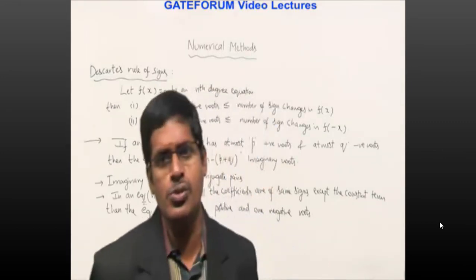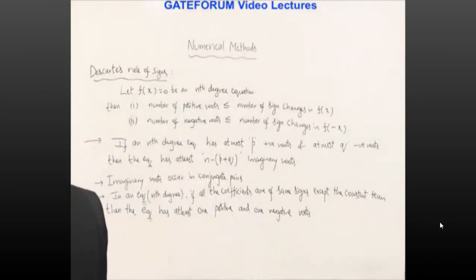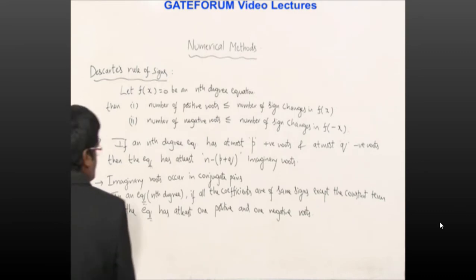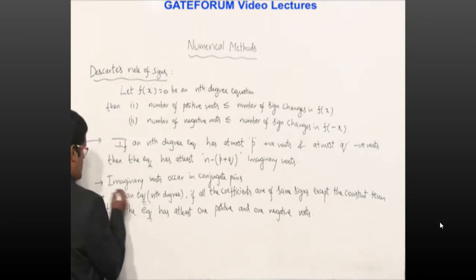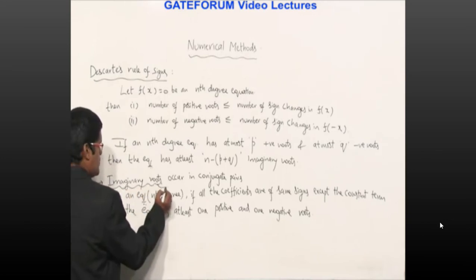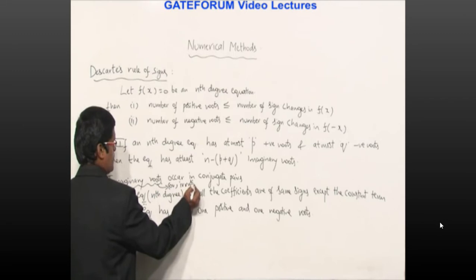At least 1 positive root and 1 negative root. So please keep these points in mind. I will give you 1 or 2 examples. You can write here irrational roots also in this. Imaginary roots or irrational roots.